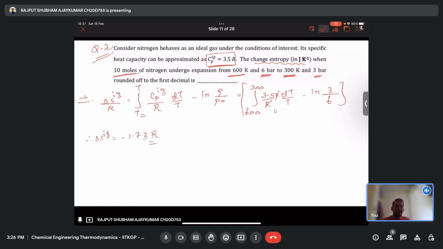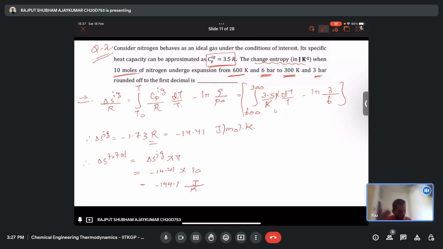You can put the value as 8.31451 joule per mole Kelvin. So if I multiply with this, it comes out to be minus 14.41 joule per mole Kelvin. Now we have to calculate the change in entropy for the total number of moles. This is for an ideal gas. For nitrogen, if we have 10 moles, we will take delta S total equal to delta S of an ideal gas into the number of moles, which is minus 14.41 into 10, equal to minus 114.1 joule per Kelvin.